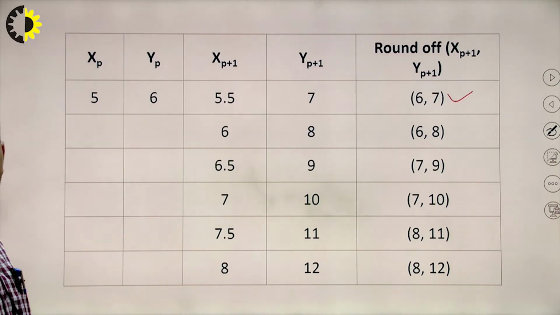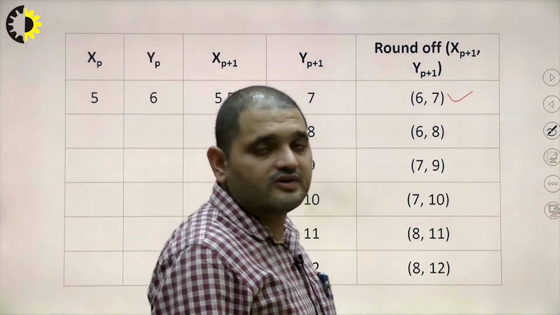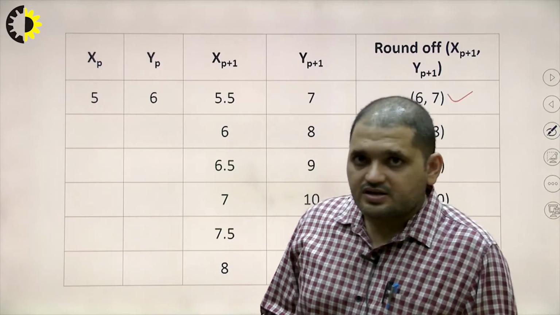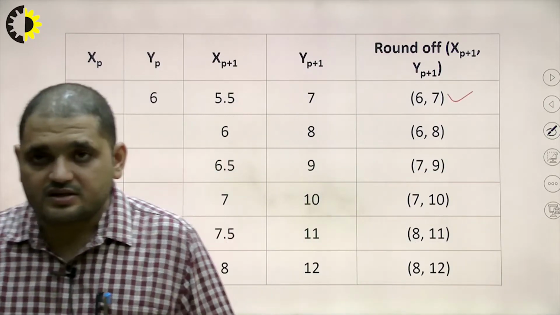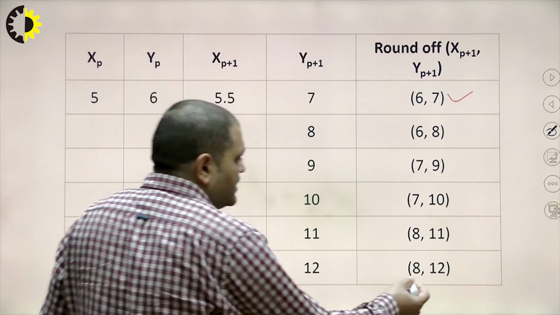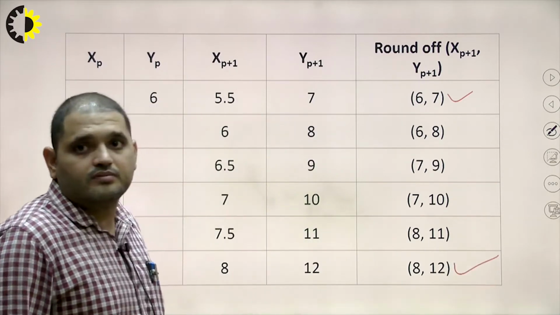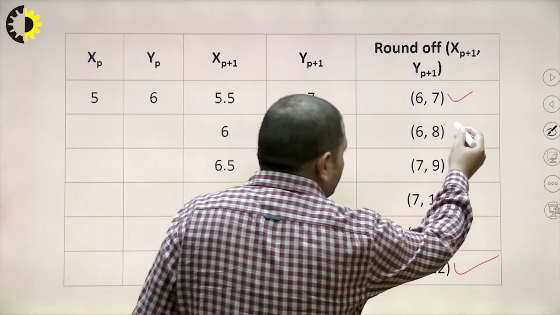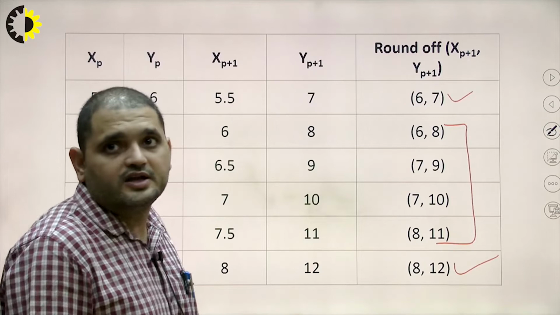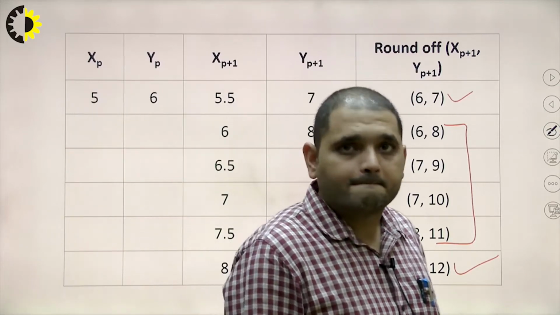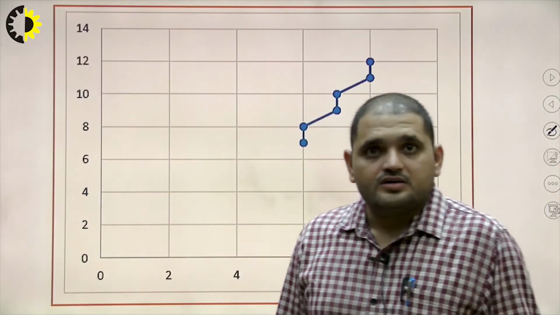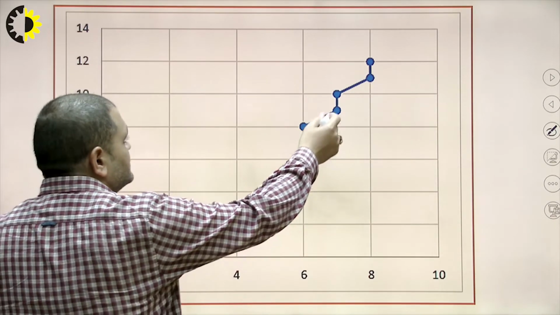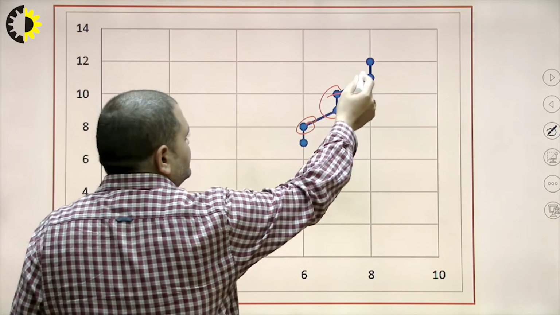Okay, so likewise we can do the iteration again and again, until we reach the end point, that is 8, 12. So these are the intermediate points which we got to draw a line. Okay, so we can again see the jag formed in this line.